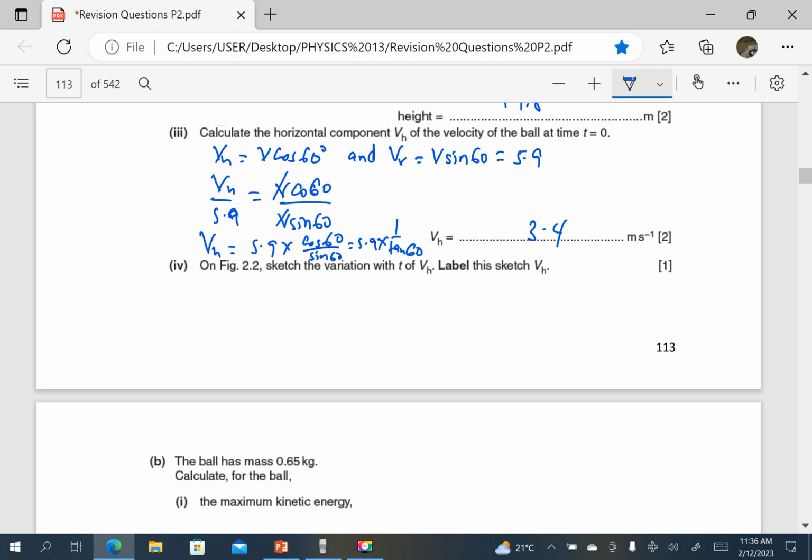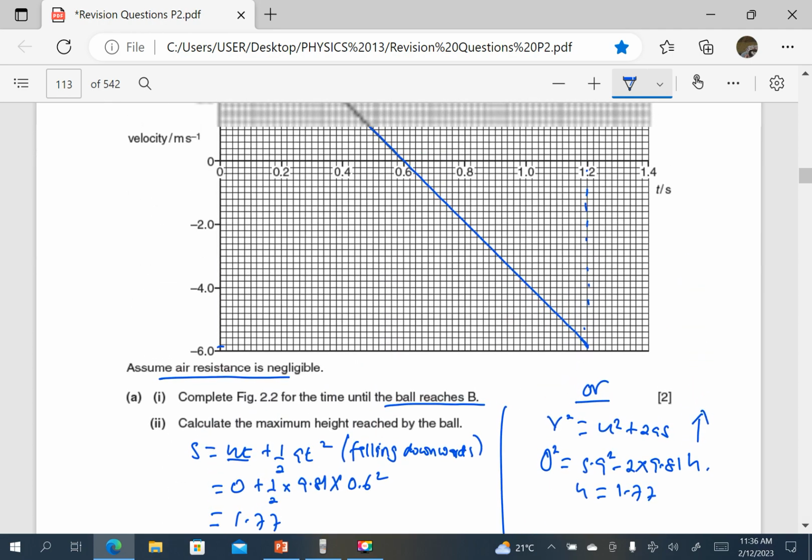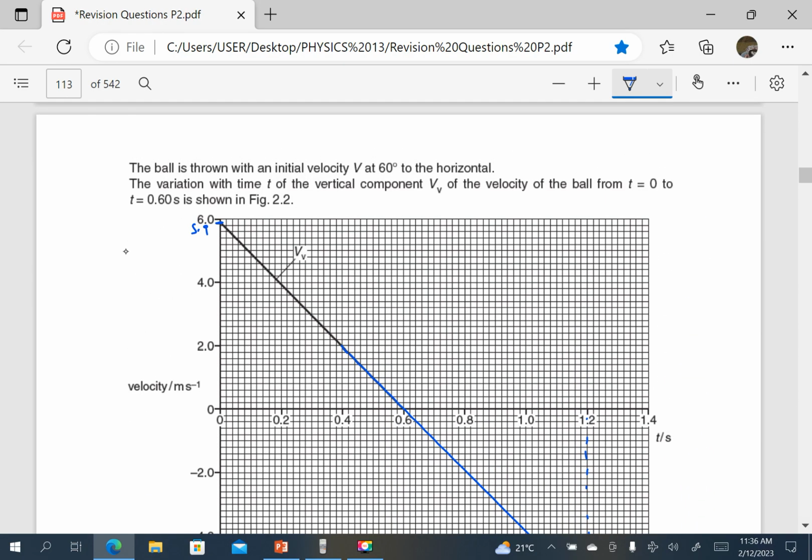On figure 2.2, sketch a variation of Vh, that is the horizontal component of velocity. Label this Vh. Of course, since there is no force in the horizontal, the component remains constant at 3.4. So we look for 3.4. 1, 2, 3, 4, 5. That is 3, 3.2, 3.4 is here. So I'll draw a horizontal line at 3.4 up to a time of 1.2.